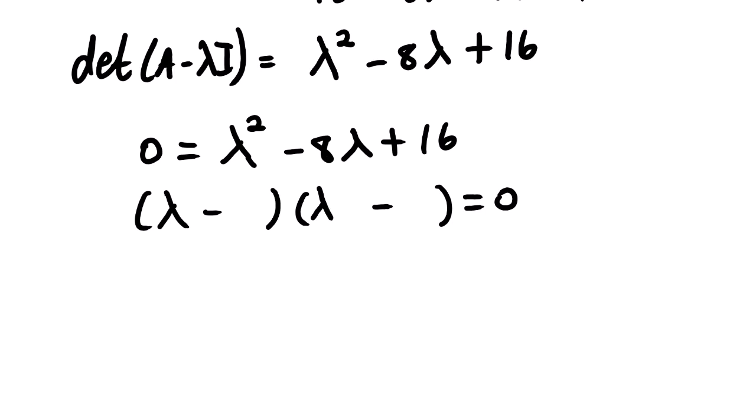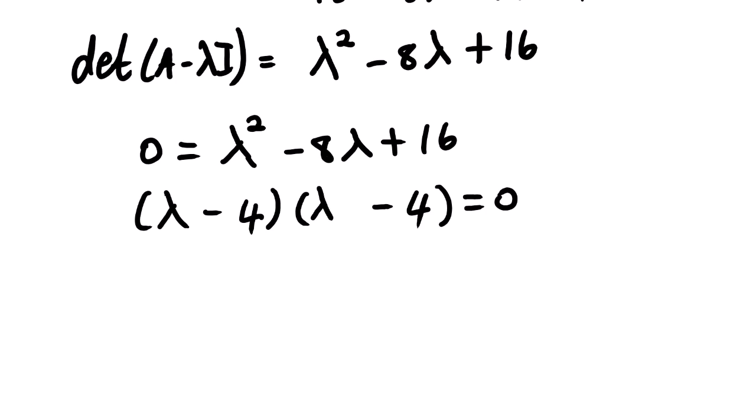So we have negative 4 multiplied by negative 4, it's 16, and negative 4 plus negative 4, it's negative 8.